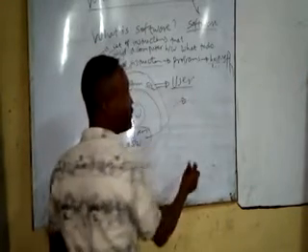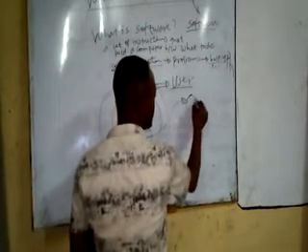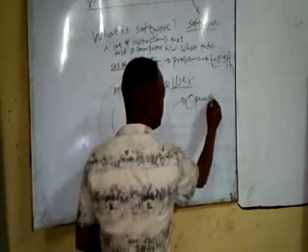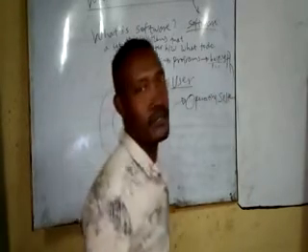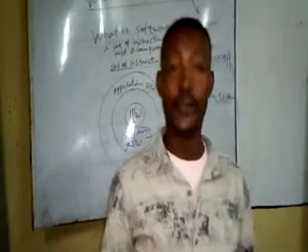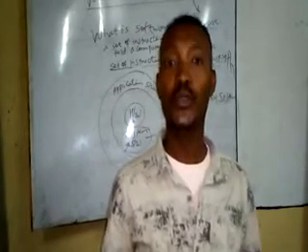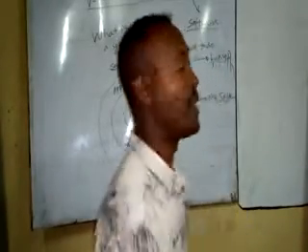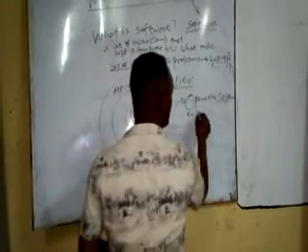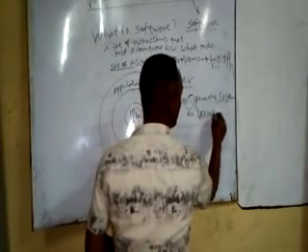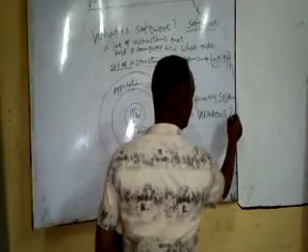Examples of system software, for example, the operating system. The operating system is the major system software that is used to manage the computer system. For example, Windows 7.